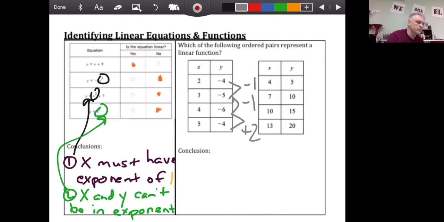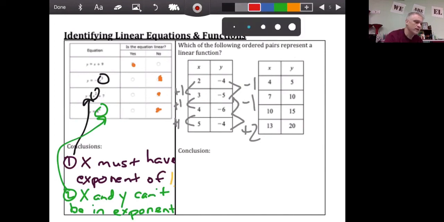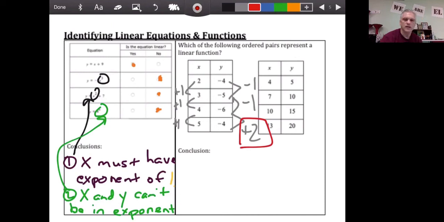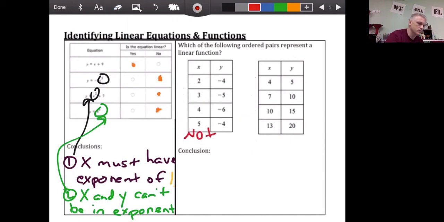Okay, so because we had consistent adding 1 for the x's, and you had almost consistent but not quite, we had an inconsistent pattern with the y's. This one is not linear. Okay, so we would say this is not a linear graph.